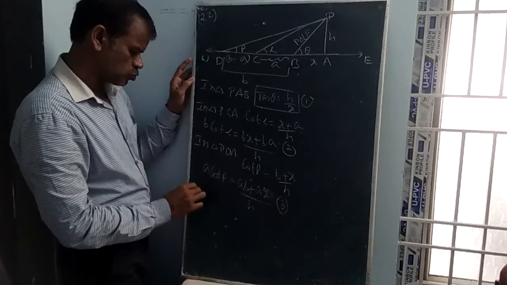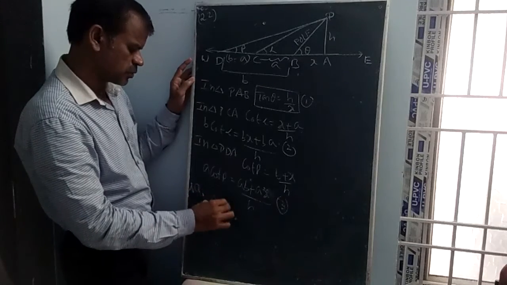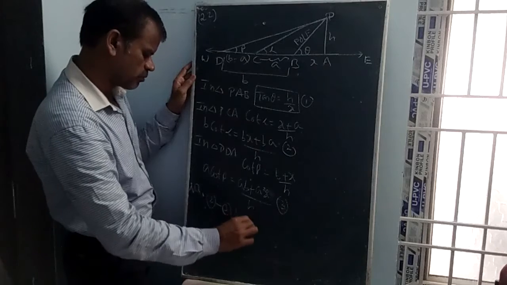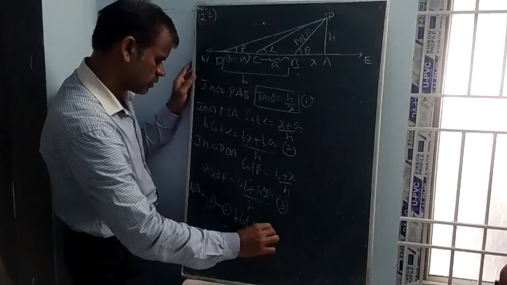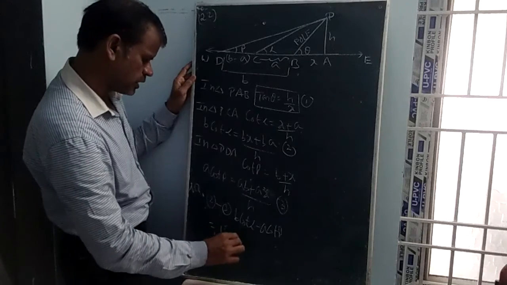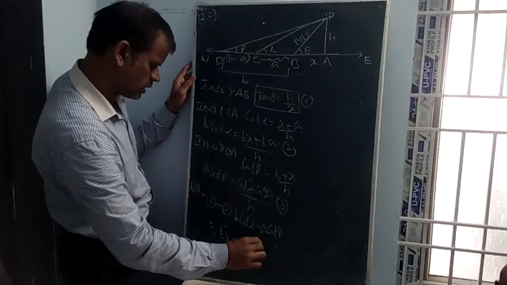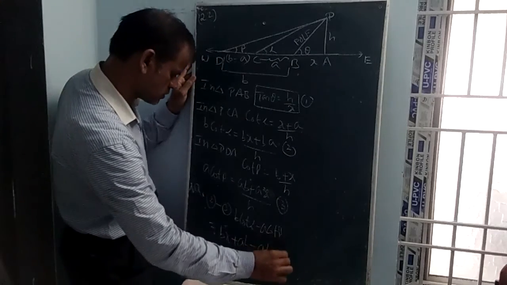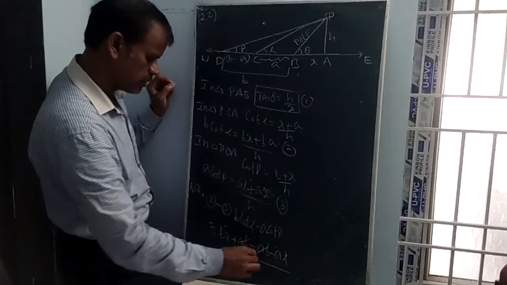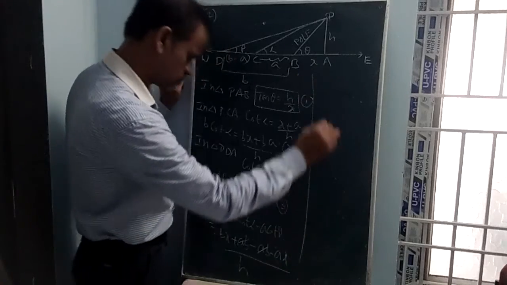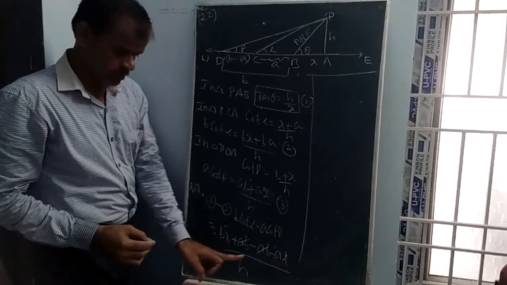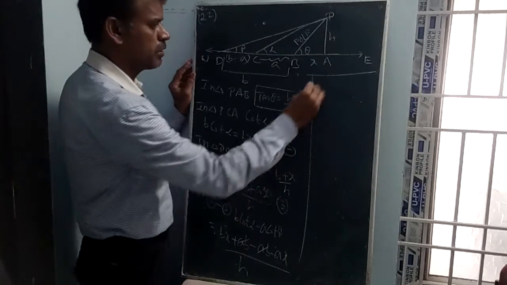Now I am writing 2 minus 3. Second equation minus third equation: b cot alpha minus a cot beta is equal to bx plus ab minus ax, whole by h. ab gets cancelled. Taking x common, within the brackets you can write b minus a, whole by h.